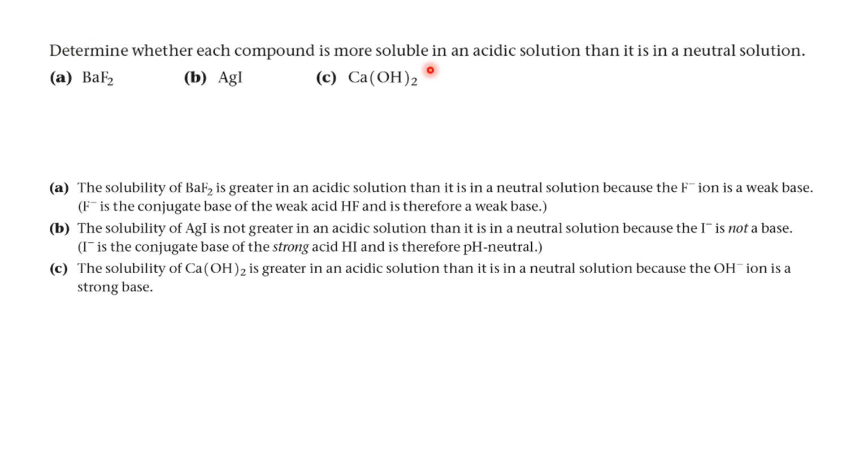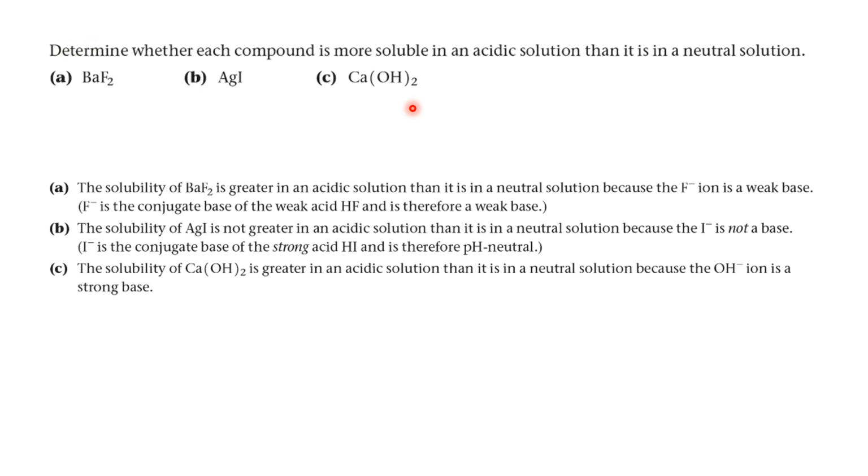What about calcium hydroxide? Well, this is a little more obvious because you guys know that calcium hydroxide, when it breaks up, is going to break up into calcium and hydroxide. And if you add acid to hydroxide, what's going to happen? The acid's going to eat up the hydroxide, which is a base. That means you're depleting the hydroxide that broke up.